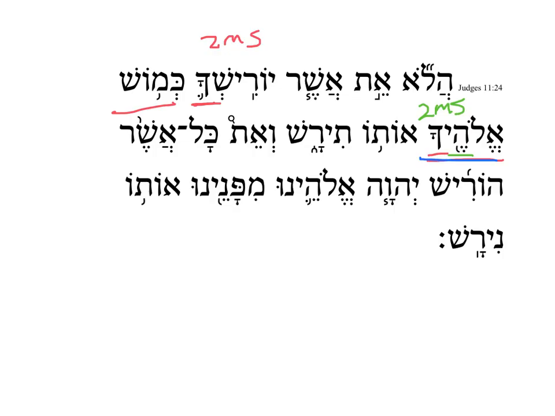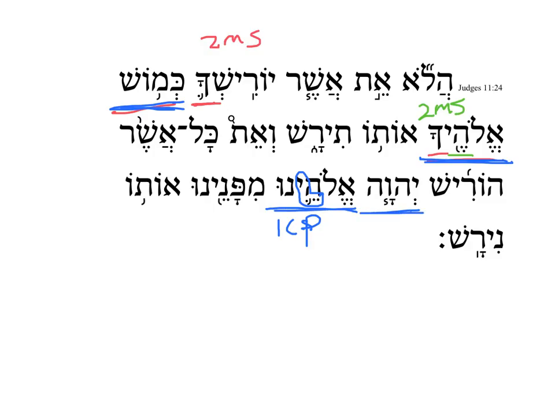Now again, this is Chemosh, so it's singular, a particular God, but just like Israel's God, where we have the form Eloheinu. Notice the A ending, because it's a plural form of a word, but it's ours, first person, common, plural, our God, Hashem.